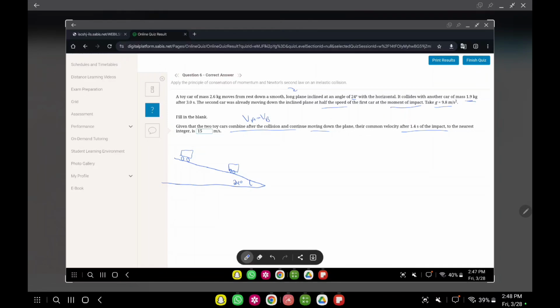Okay, so what do we have given? Let's call MA 2.6 kilograms, and let's call MB 1.9 kilograms. What are they telling us? They give us the angle is 24, and they're saying that they collided after 3 seconds.